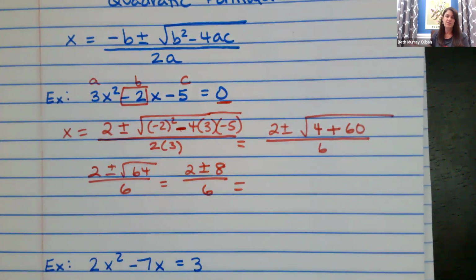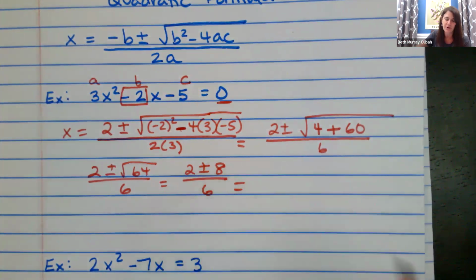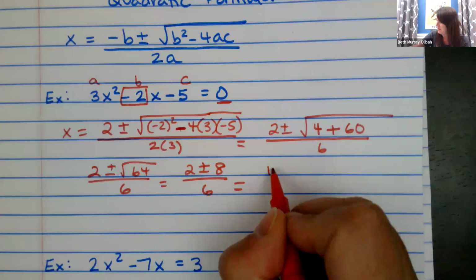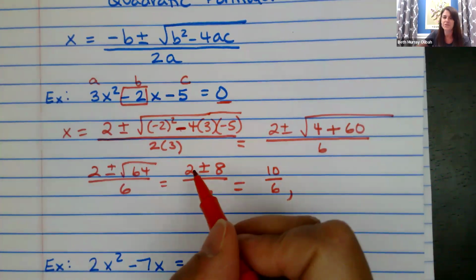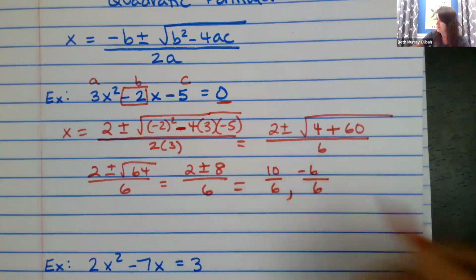And now we can even finish this by actually doing the plus and the minus, because what it means is there's two separate answers. So one of my answers is 2 plus 8 over 6. So that would be 10 over 6. And my other answer is 2 minus 8 over 6.